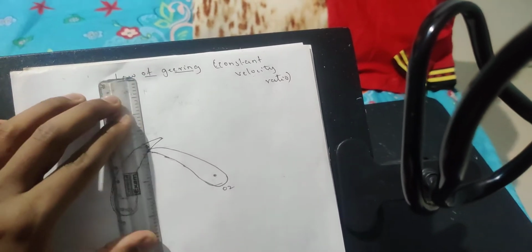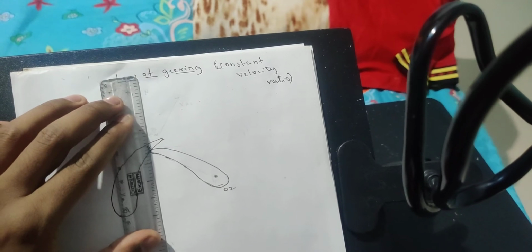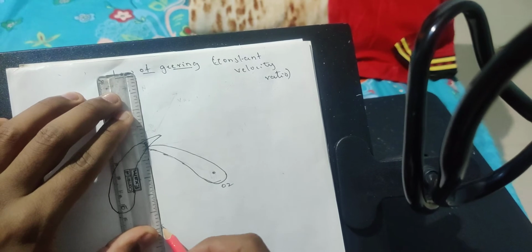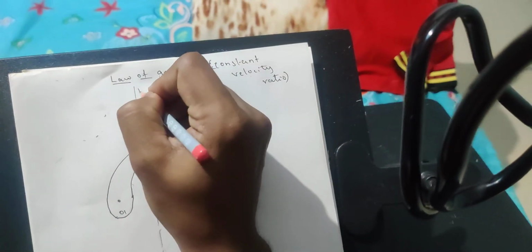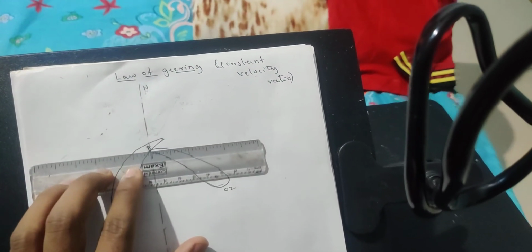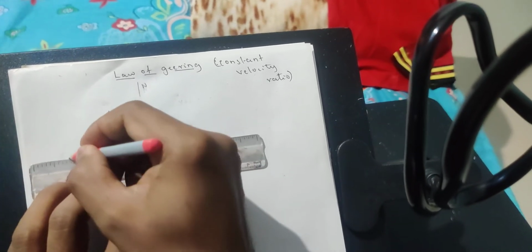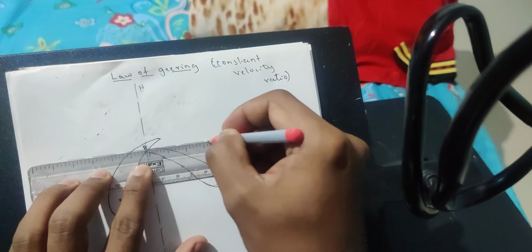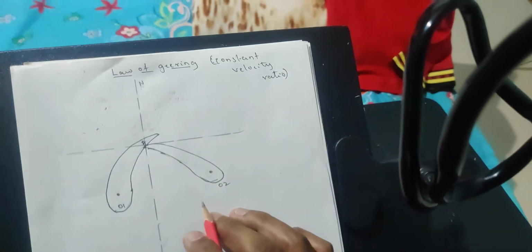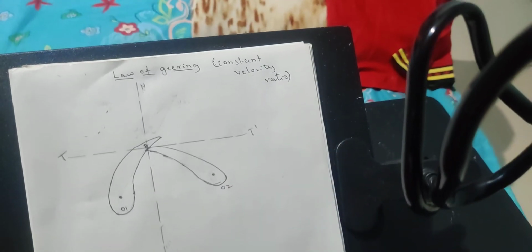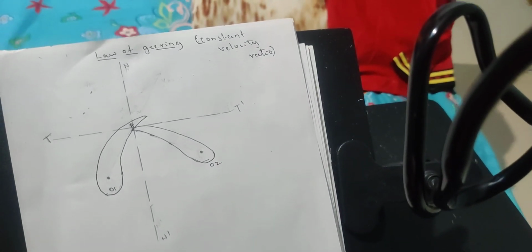One will be a line normal to this point, so I'll just draw a line here and call it the normal line. One more line I'll be drawing is a tangential one for this particular point. I'll be calling them N and N dash, and T and T dash.